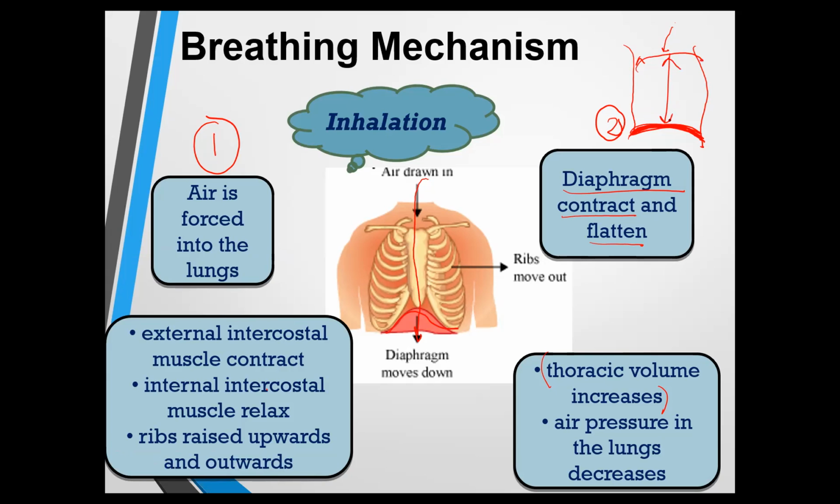And my air pressure in my lungs will decrease. Whenever volume increases, pressure decreases. So when you are breathing in air, you have a lot of volume here, but the pressure inside your lungs is actually very low. So this is my third point.